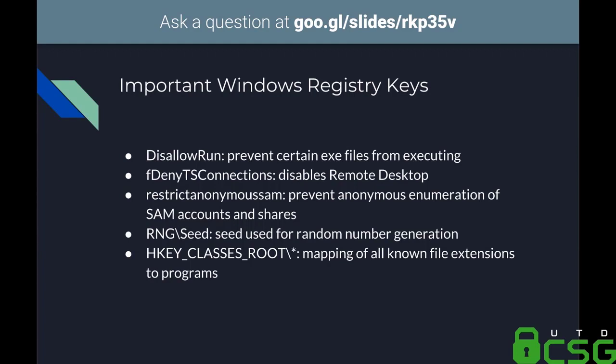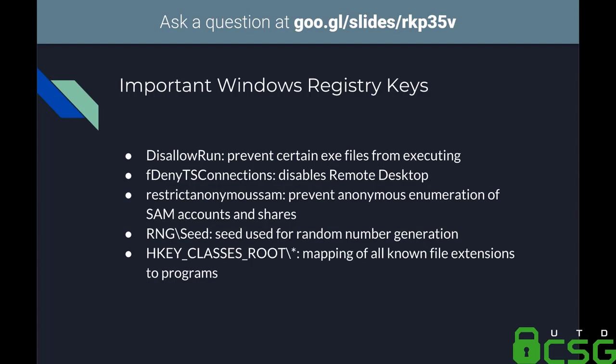This one usually won't be enabled. This might be more of a red flag if you see this enabled, because that may mean that someone's trying to anonymously access your information. They've had some way to cause it to flip the permissions and be able for them to read it anonymously. But that is an important one to know about.